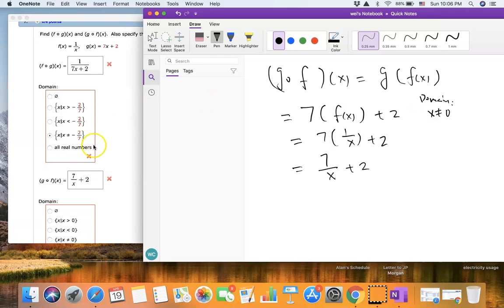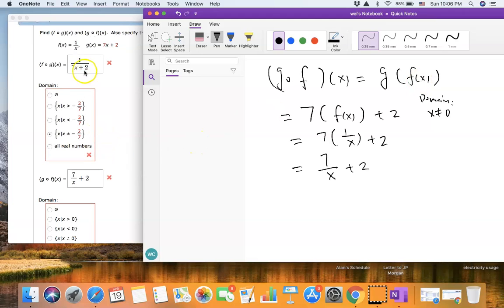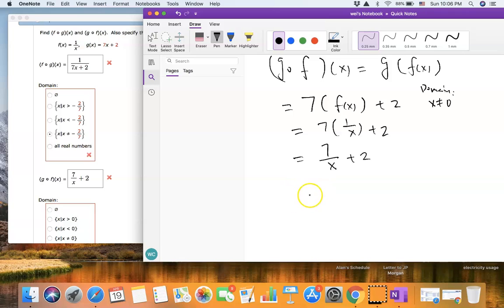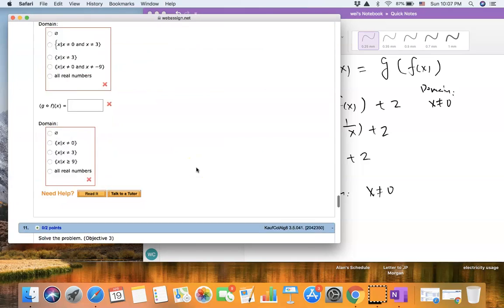And then don't forget to look at the inner function to consider what is the domain of the inner function. The inner function is 1 over x. Now the domain is every number except 0. Therefore, the answer is the domain is every number except 0. So we should choose this one.